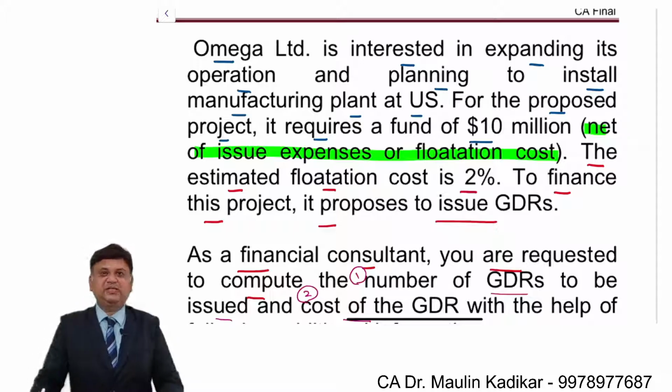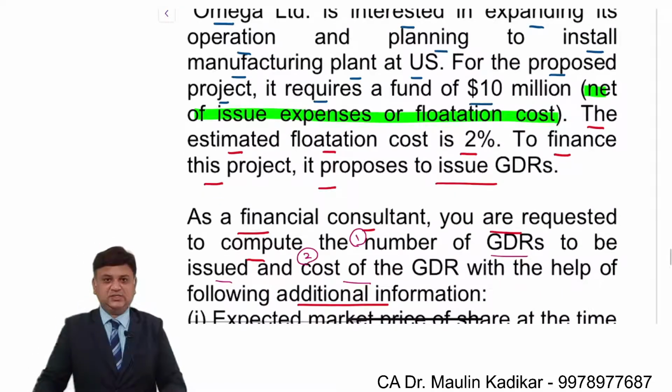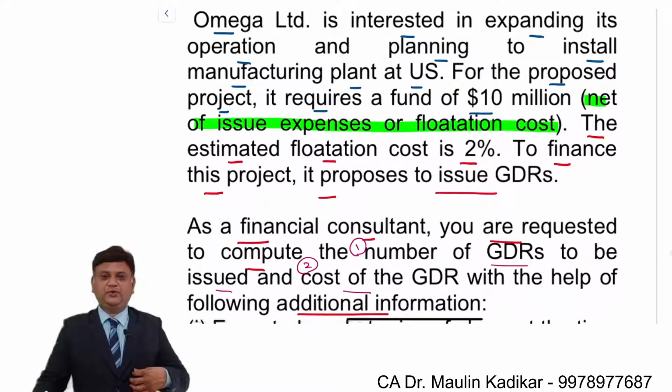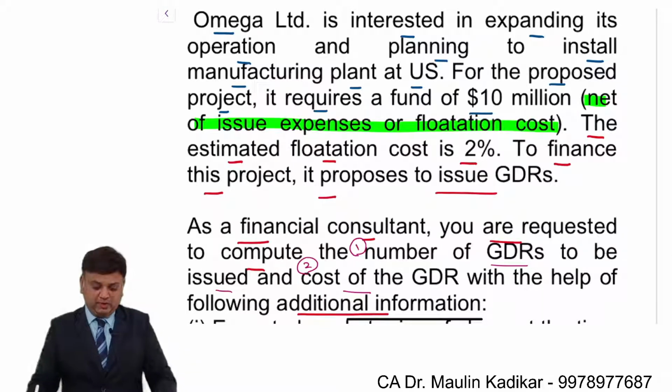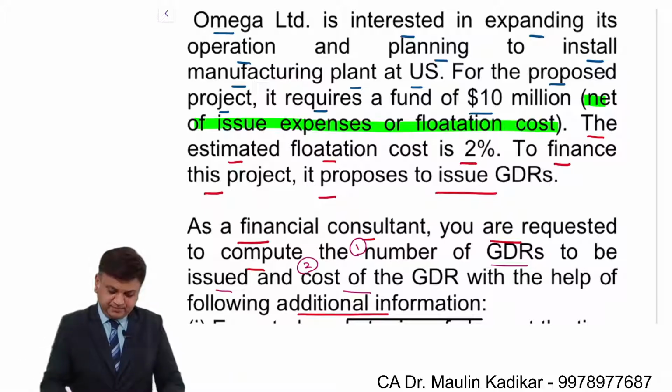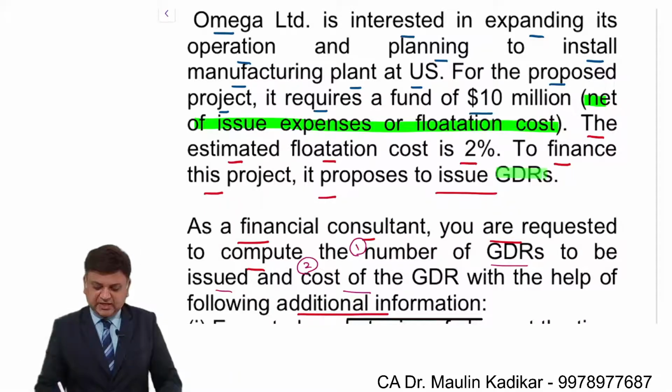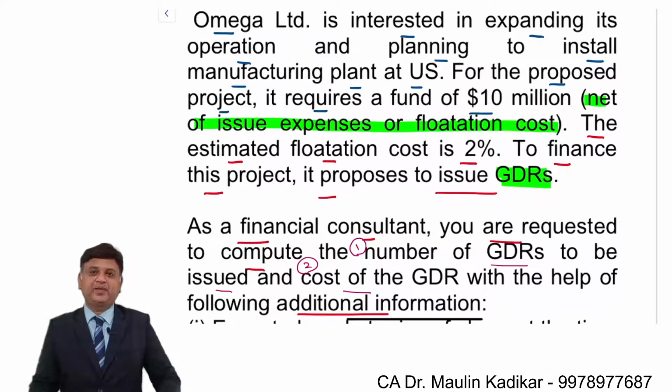So let us understand how to make the calculation of this answer. Before we proceed, understand GDR, Global Depository Receipt. Basically, friends, it is a kind of issue of the equity shares of the company outside India. In simple language, it is an equity share which has been issued.